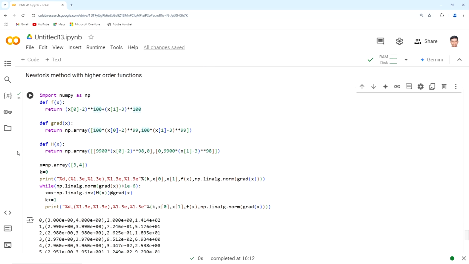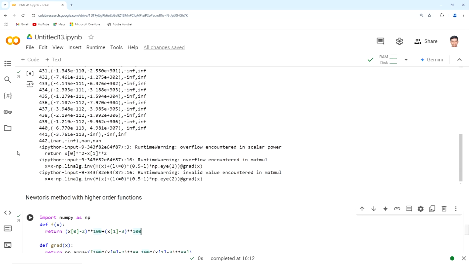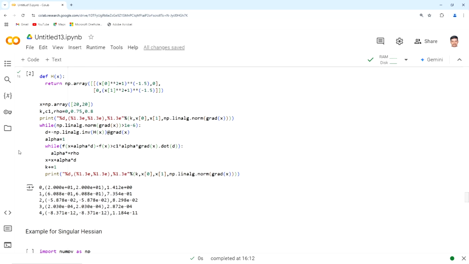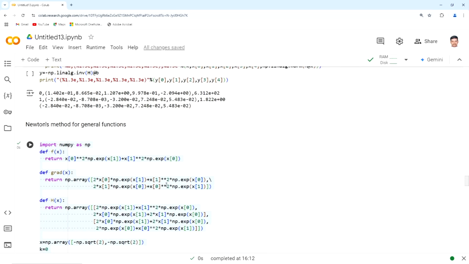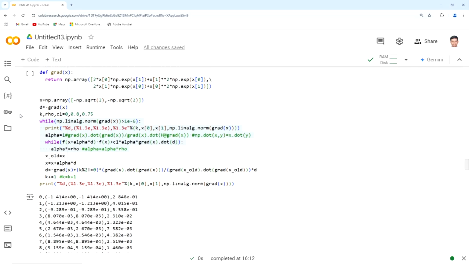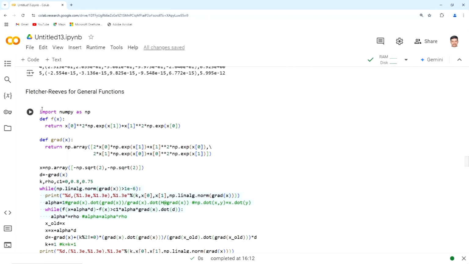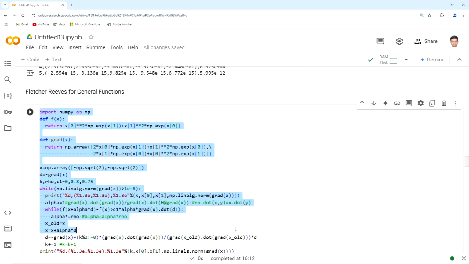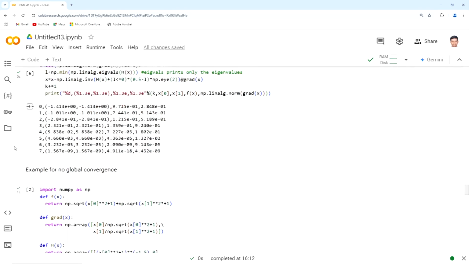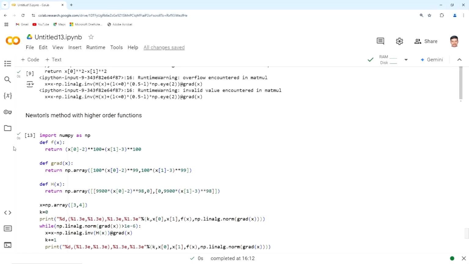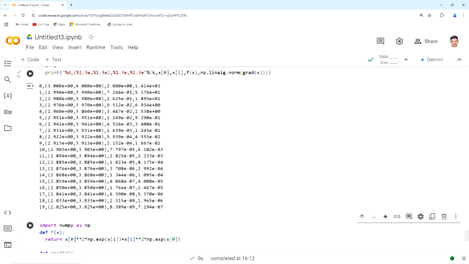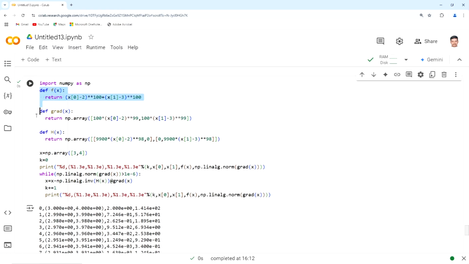Okay. So, it is not just a problem with Newton's method. I mean, if you want me to do this for say Fletcher-Reeves, okay, I will just do it for Fletcher-Reeves just to show you what might happen. Okay. Yeah. So, I will just use this same algorithm, or same code rather, and just change f of x and grad of x.